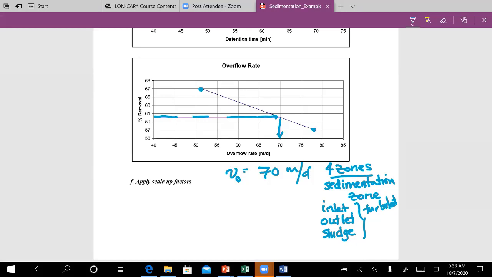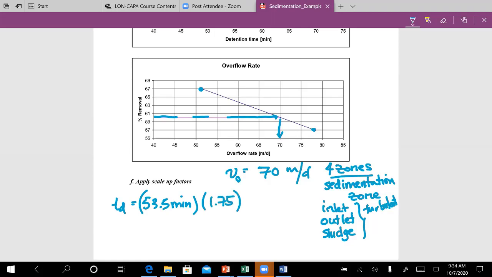So because of that, we need to use scale-up factors to adjust for the fact that our basin has to be much larger than what we would predict based on this analysis. So based on that, our detention time will take this 53.5 minutes, and typically we multiply that by a factor of about 1.75.